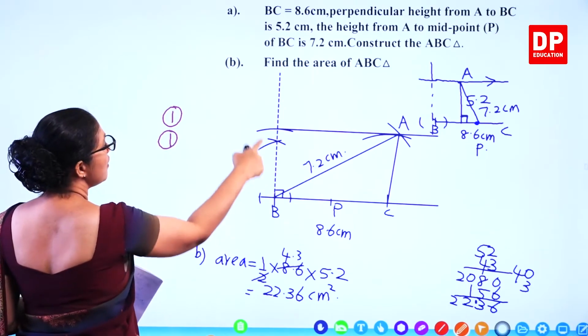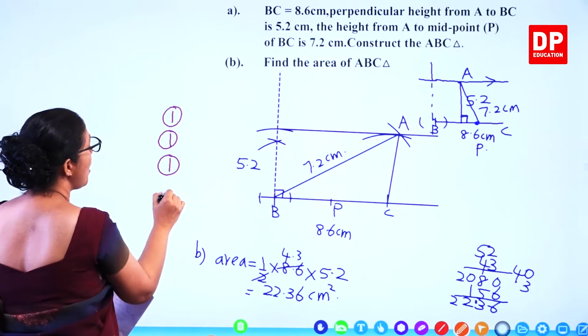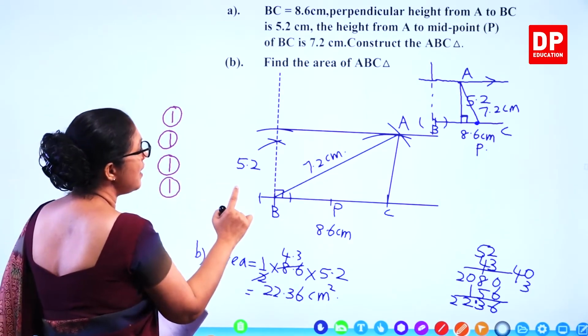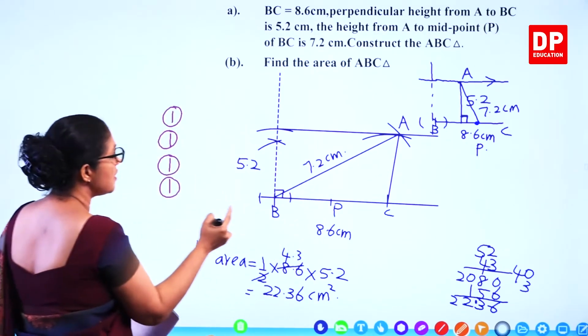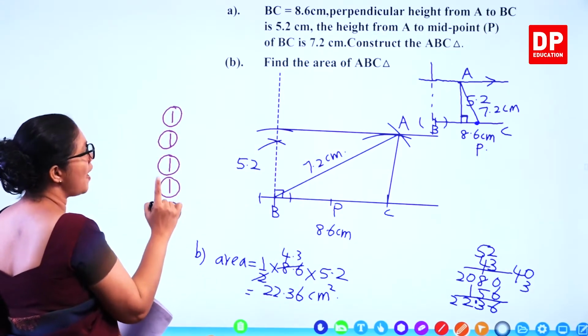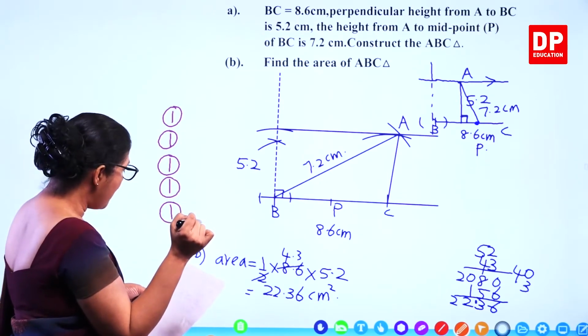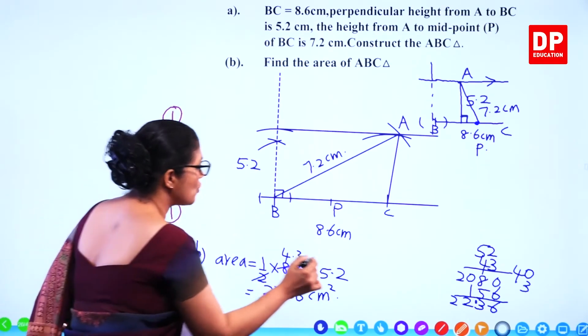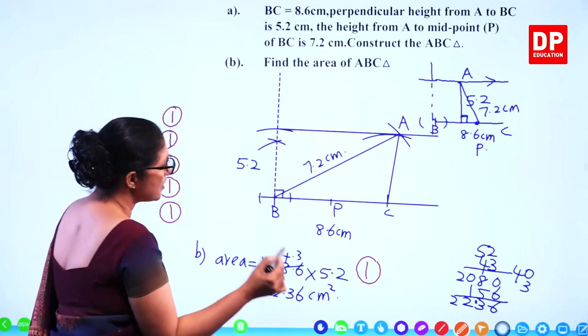Drawing the perpendicular height 1 mark and marking 5.2 1 mark. And then connecting ABC triangle 1 mark. So that's 5 marks for the diagram. And for the area 22.36, just 1 mark. So let's do the next part.